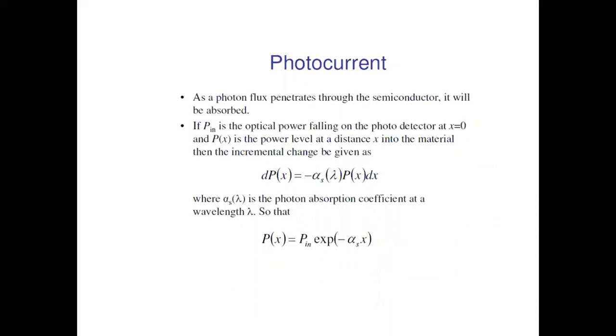Then the incremental change will be given by this, where this is the photon absorption coefficient at a wavelength lambda. So basically, now we have the power in terms of the distance x within the material, and it's an exponential relationship with the incident power. And we also have to take care of the photon absorption coefficient.